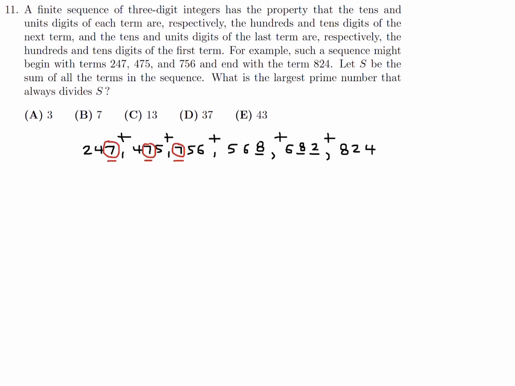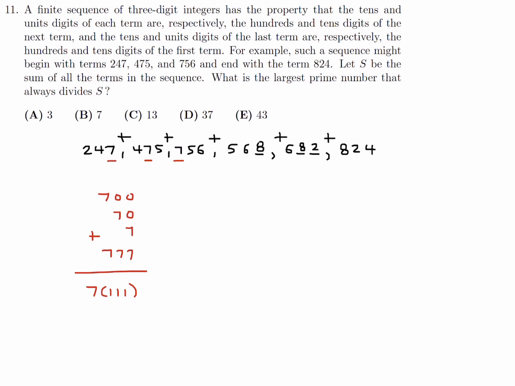It appears in the units digit, the tens digit, and the hundreds digit. So if you add those, it'll be 700, 70 from this one, and 7. So that is 777, and that is basically equal to 7 times 111.